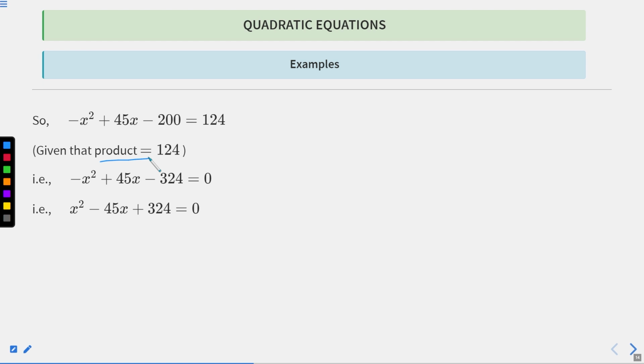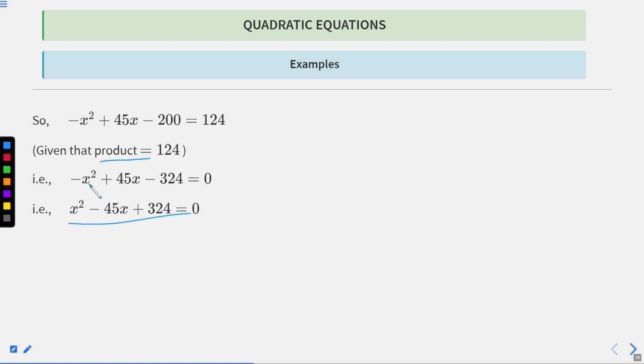Simplifying this equation, we get minus x square plus 45x minus 324 equal to 0. Now taking out the common minus sign, we get x square minus 45x plus 324 equal to 0. So this is the mathematical representation of the given situation.